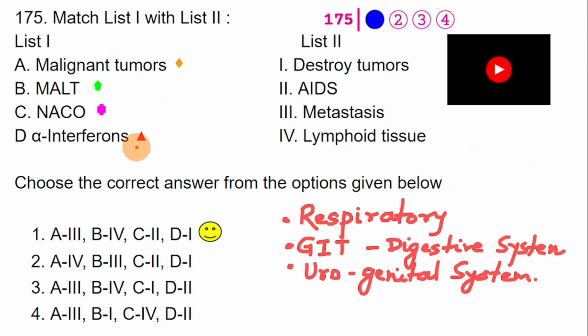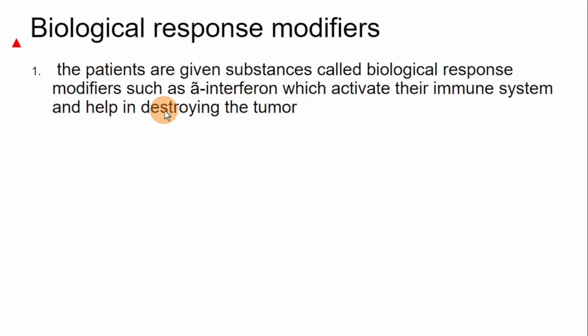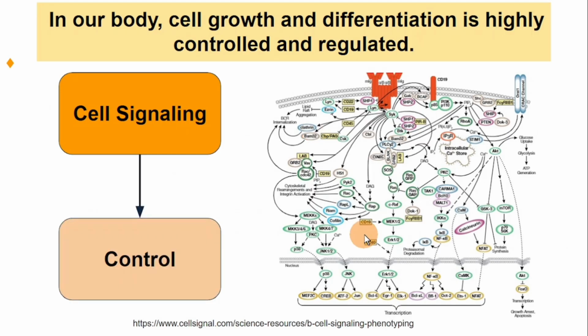Last one is interferon. Patients are given substances like alpha interferon, which activate their immune system and help in destroying the tumor. Now, having said that, it is not this simple, because as I showed you in the cell signaling slide, once you start a therapy with interferon, cancer has the ability to find a compensatory mechanism to bypass interferon therapy.